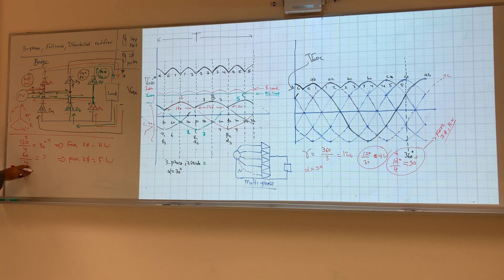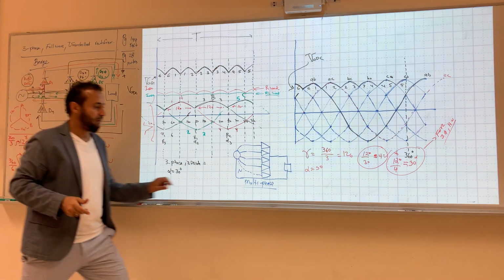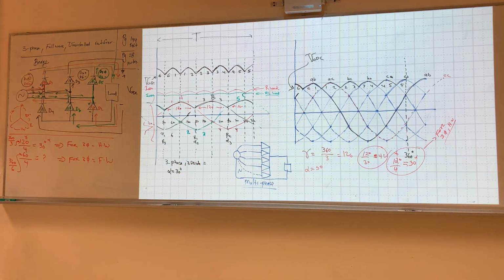How do I know the 60? I can say 360 divided by 6, I get 60. Here, 360 divided by 3, I get 120. So now I can know the alpha right here. The alpha is 15, because 60 divided by 4 is 15.